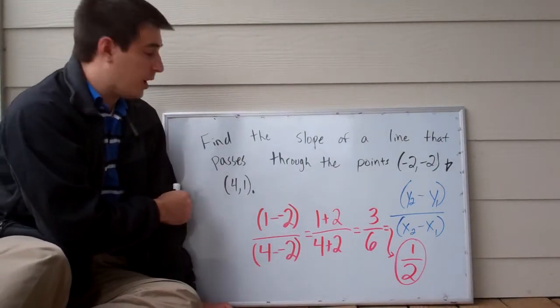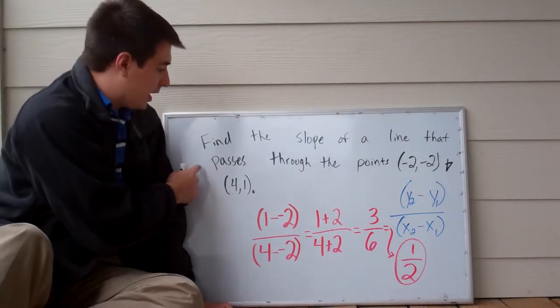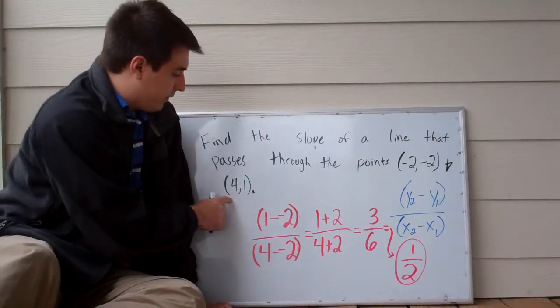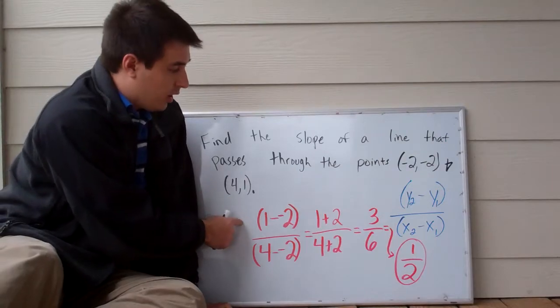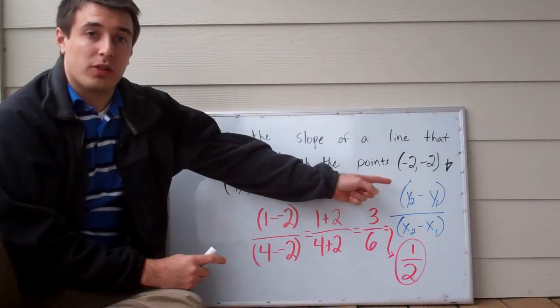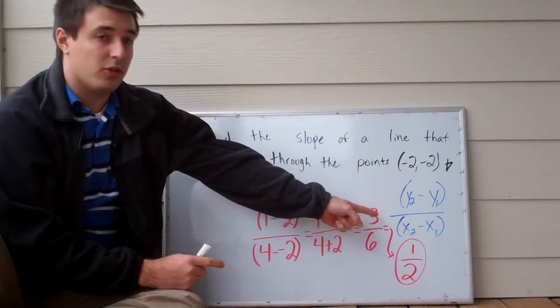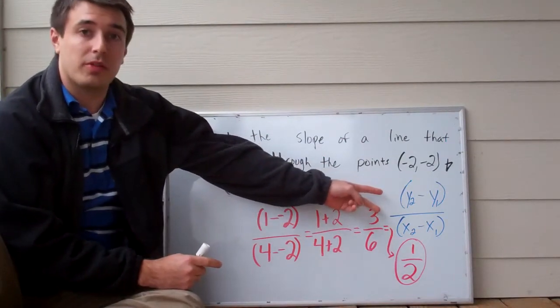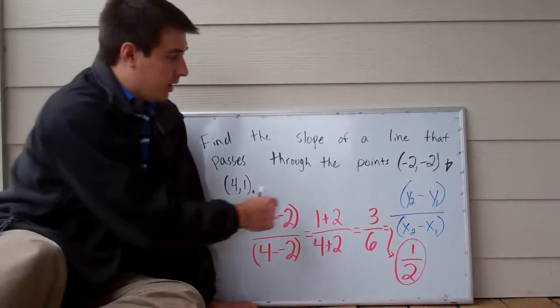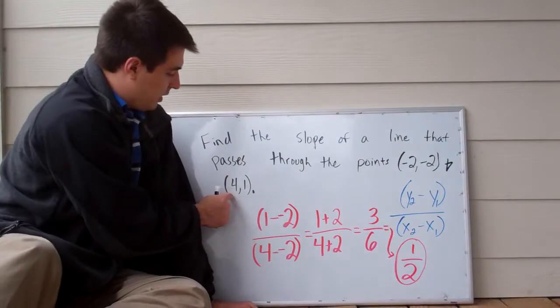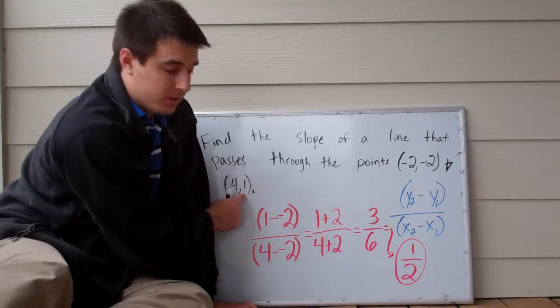So here, for this problem, it says, find the slope of the line that passes through the points (-2, -2) and (4, 1). So remember, we have this formula right here, which was on the first whiteboard. y2 minus y1 over x2 minus x1, where these represent our points. So right here we have x1, y1, x2, and y2.